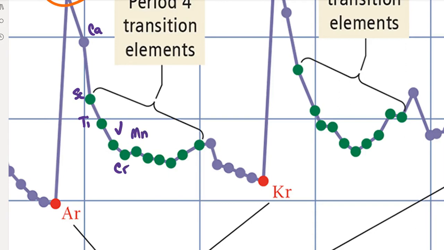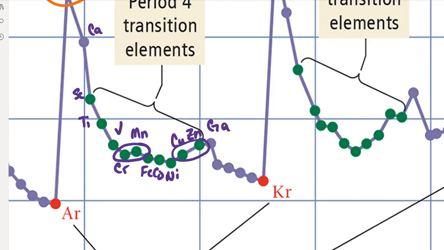Manganese, iron, cobalt, nickel, copper, and zinc, before we then jump into gallium. Why is it that we start to see this little bump here in manganese versus chromium, and same thing when we start taking a look at copper and zinc? Why do we observe these?